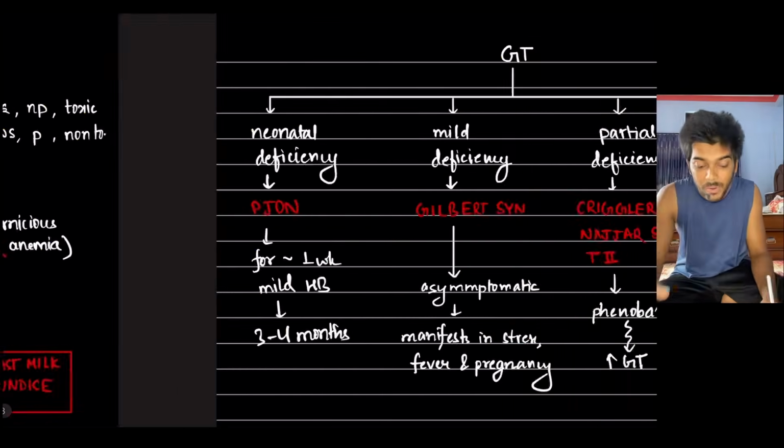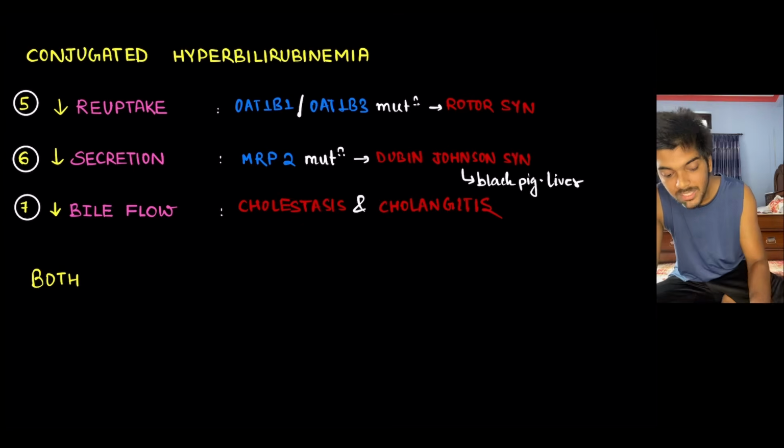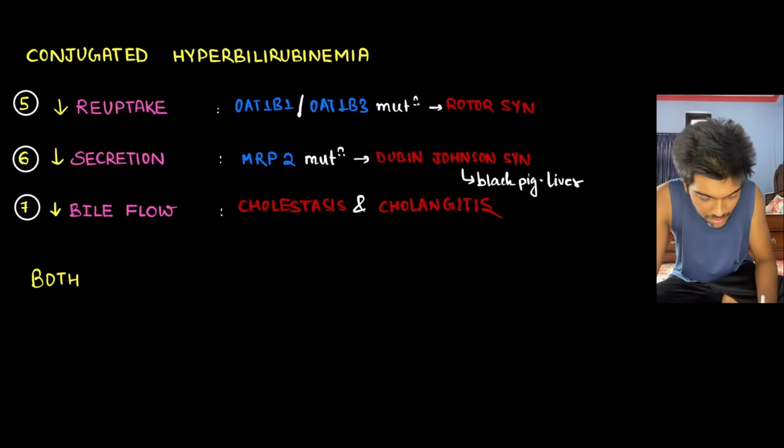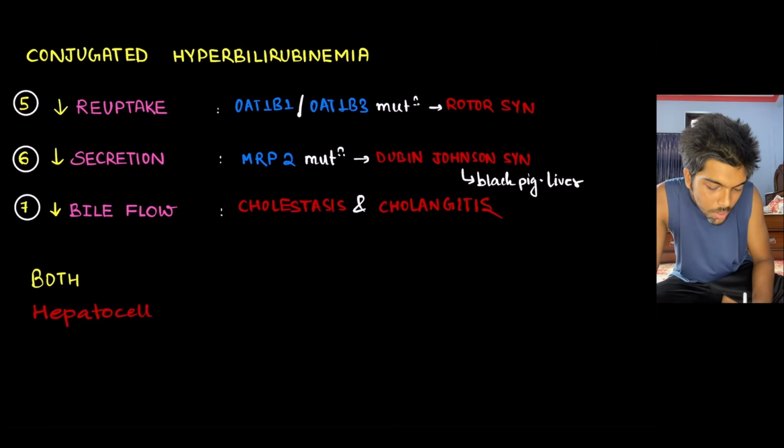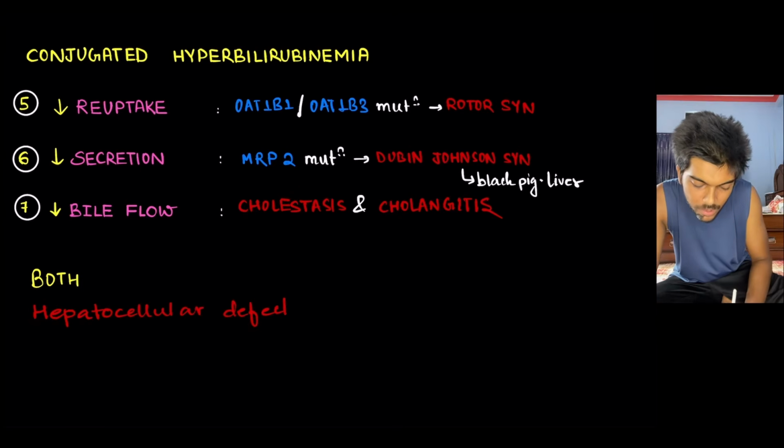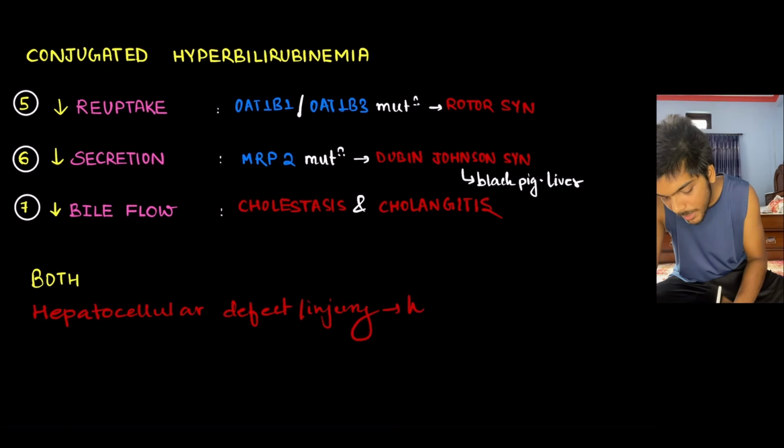And the inflammation of hepatocyte is seen when? It is seen in hepatitis. But the better thing to say is hepatocellular defect or injury, like hepatitis and cirrhosis.